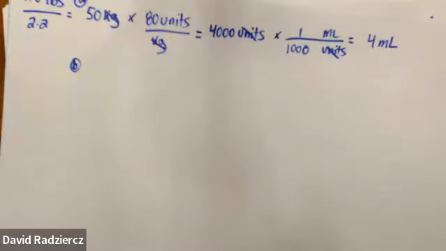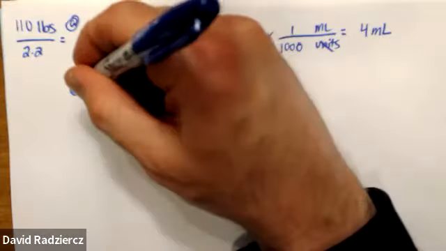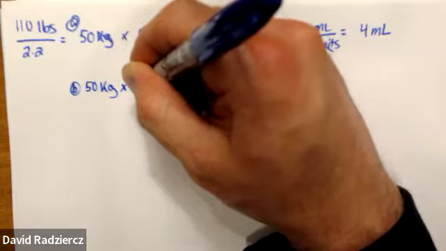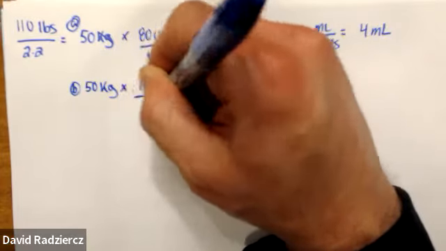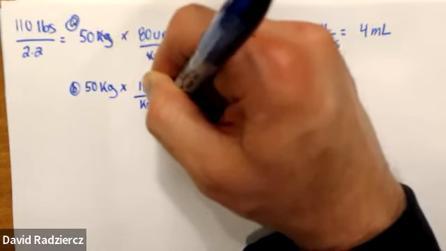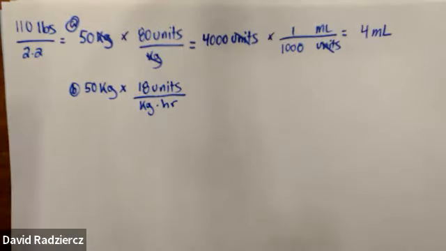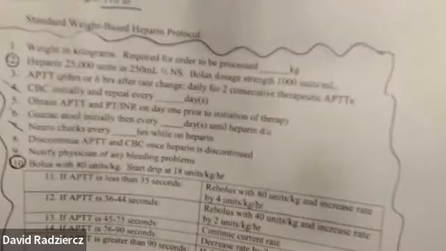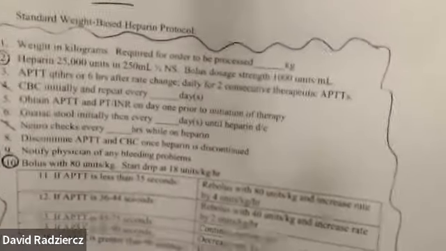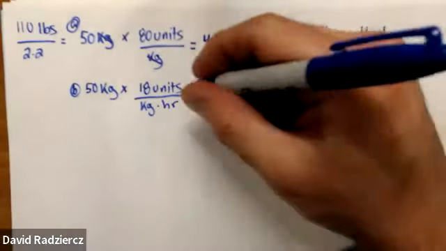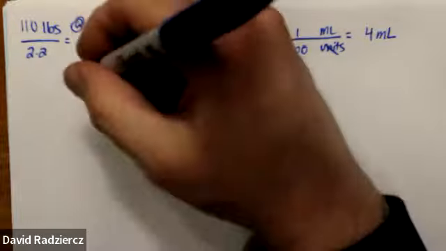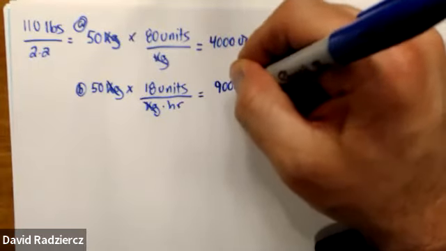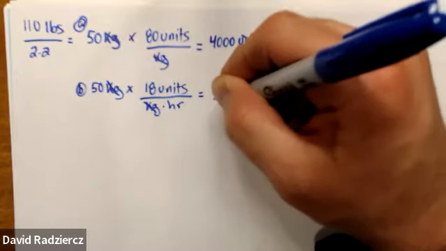So same patient, 50 kilograms, but now I'm going to multiply by 18 units per kilogram per hour, because I'm just doing what the protocol told me to do: bolus, then start a drip. 50 times 18 is 900 units per hour.